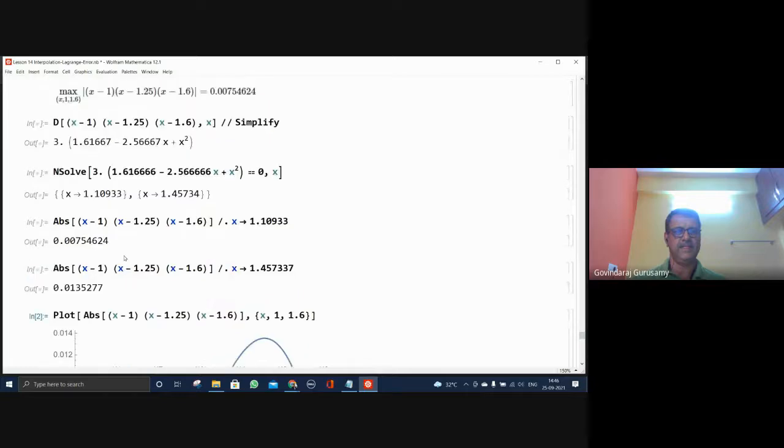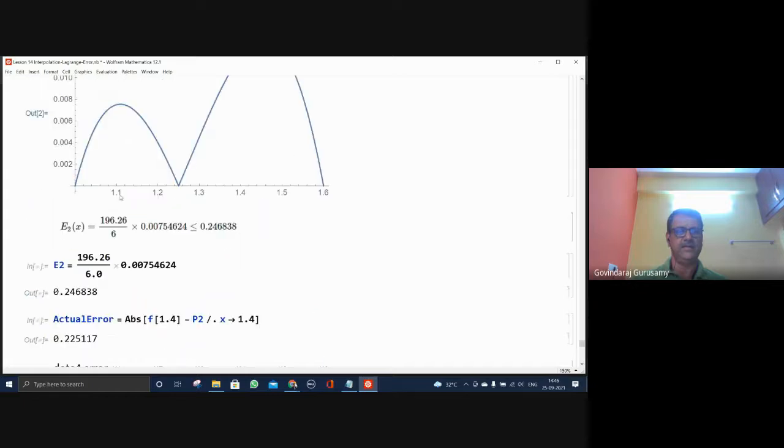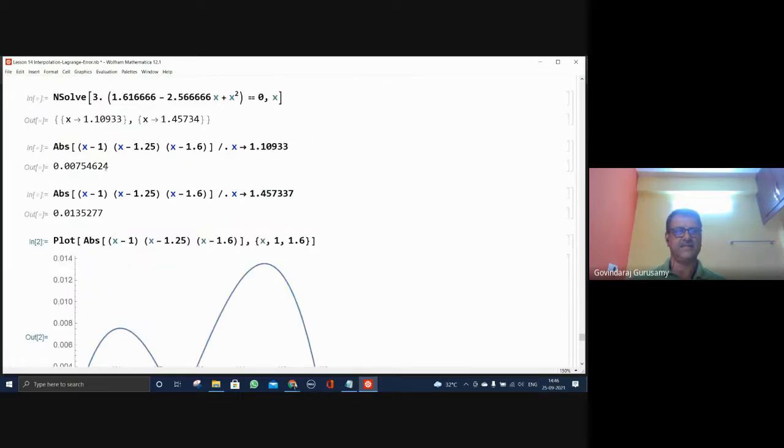This here. This is the differential of that. Equal to 0, and I am getting the point 1.10933. You can see 1.10993 somewhere here. At that point, the slope goes to 0. Is that right? That's the maximum value that has been picked out by this process.